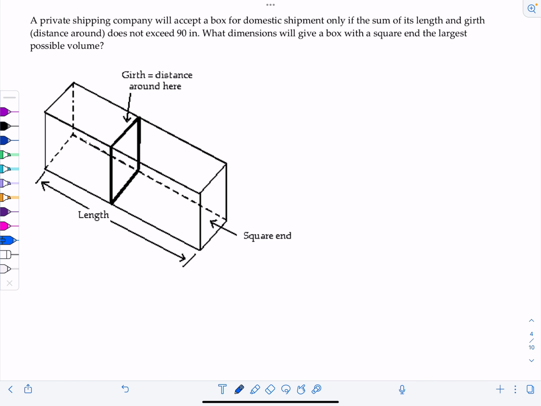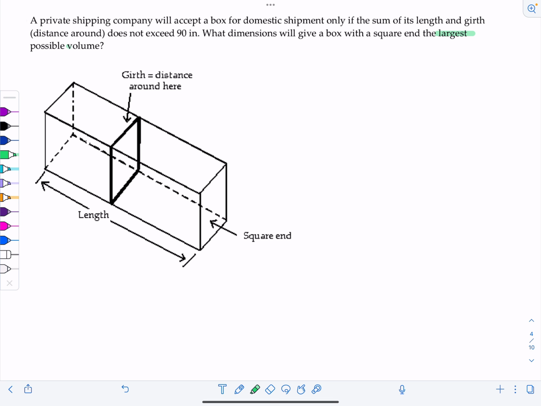A private shipping company will accept a box for domestic shipment only if the sum of its length and girth, if you don't know what girth is, they're telling you distance around right here, does not exceed 90 inches. What dimensions will give a box with a square end? Oh, that's important. This is a square, people. The largest possible volume.